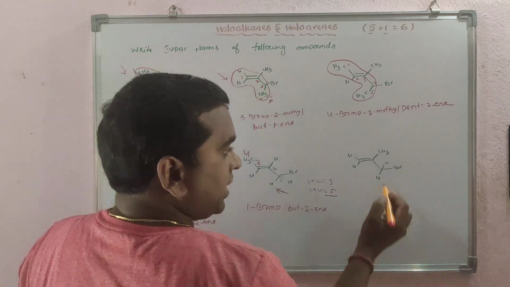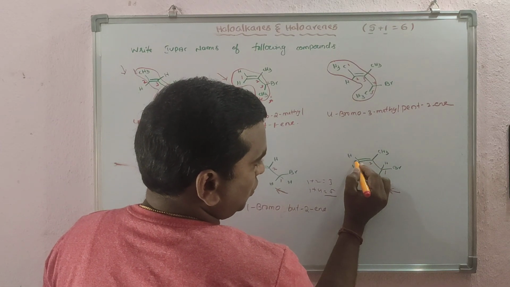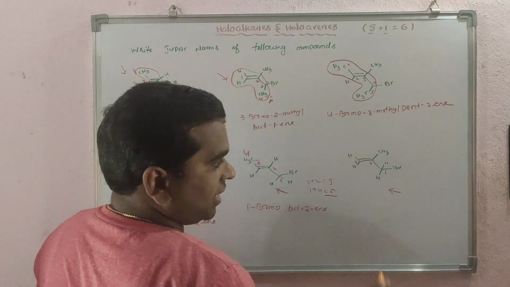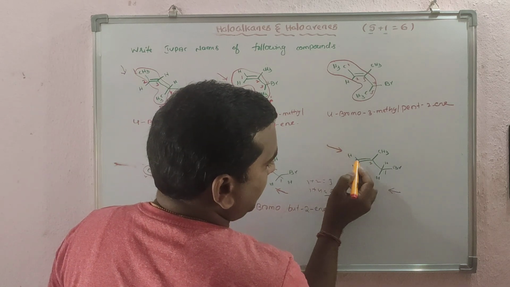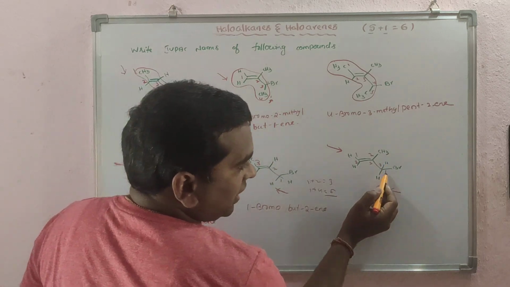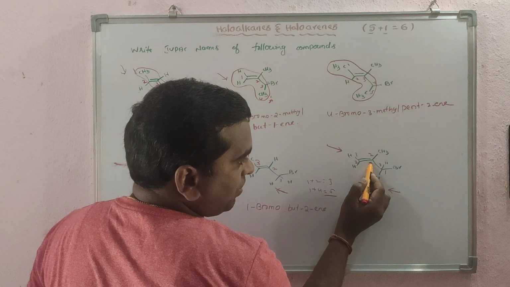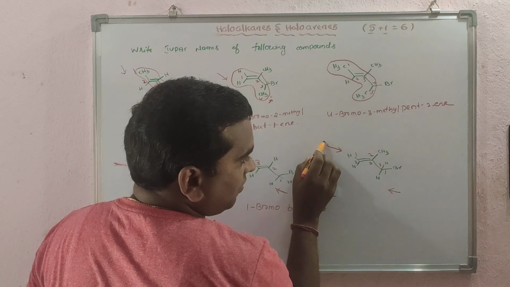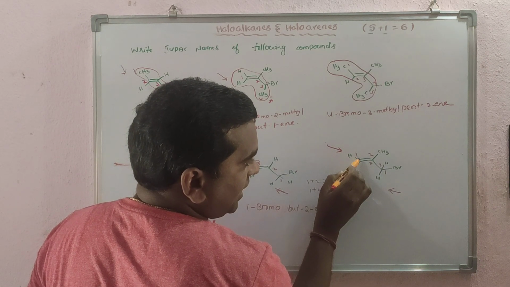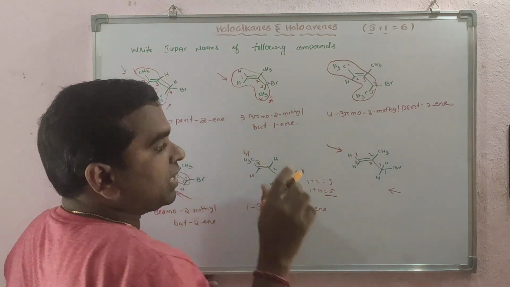And here, suppose I start numbering from here, 1, 2, 3. Clear? And if I start giving numbering from here, 1, 2, 3. See here. If I give numbering from the bromine, 1, 2, the double bond carbon is getting 2. But if I start giving numbering from this side, the double bond carbon is 1. So you have to give priority to which one? The double bond.